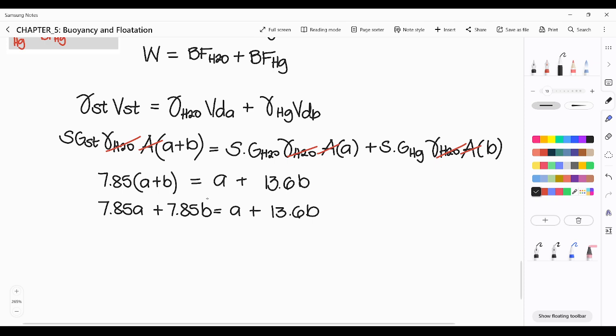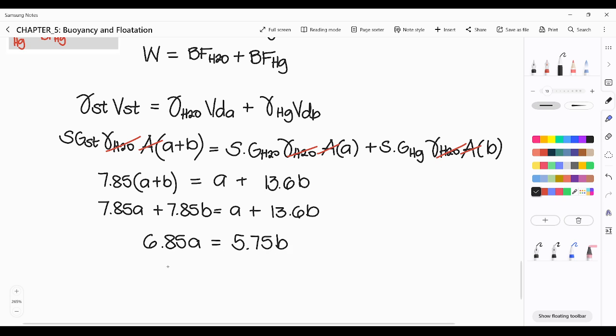So, rearranging, subtract ko yung A dito, tapos itong B ay subtract ko din sa kabila. So, 7.85 minus 1 is simply 6.85A. And 13.6 minus 7.85, am I correct? That is 5.75B.